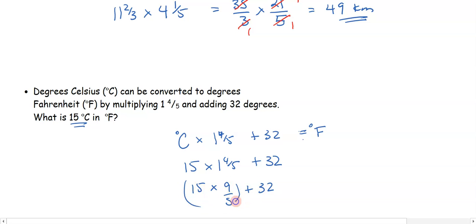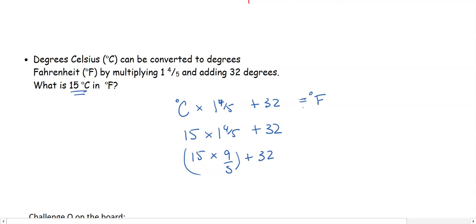And so when I multiply those, after canceling, I get 27 plus 32. And the actual answer is 59 degrees Fahrenheit. So you can see that my estimate was a little bit off. This is the actual conversion, okay? So that is multiplying mixed fractions.